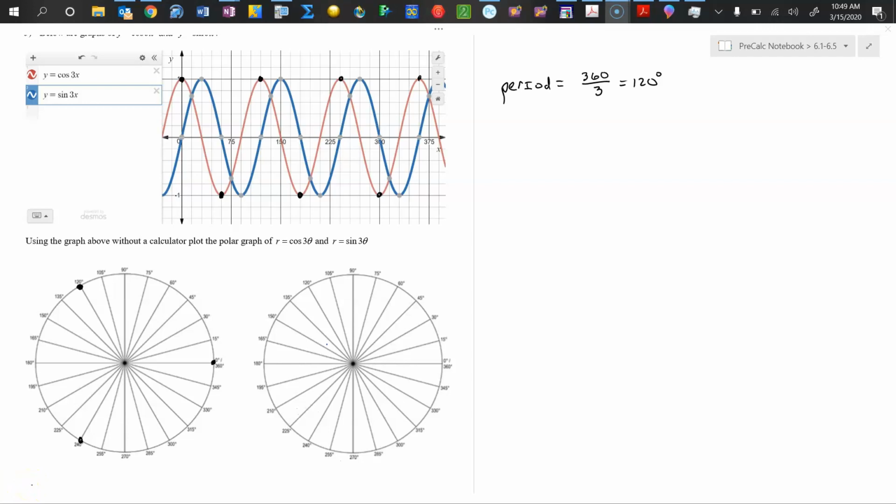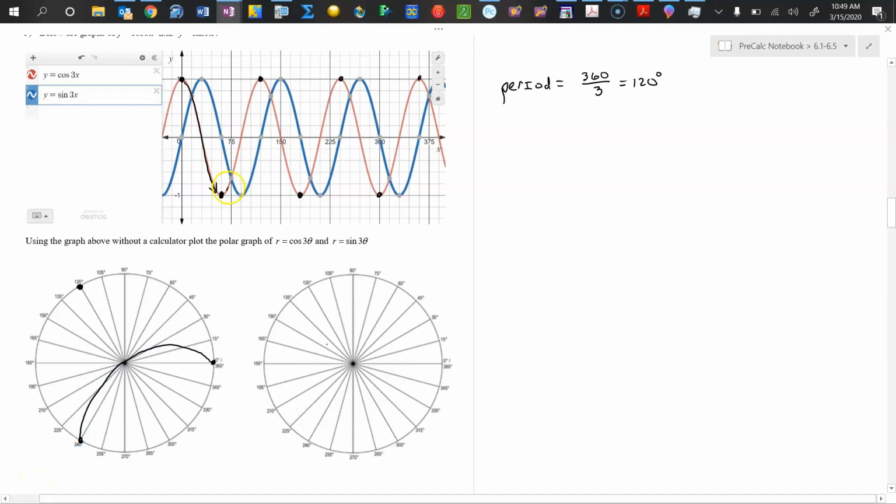So now we can take a look at what happens to the graph of r equals cosine 3 theta between 0 and 60 from the graph up above, that between 0 and 60 degrees, r changes from 1 to 0 to -1. So our graph in our polar system is going to go like that.